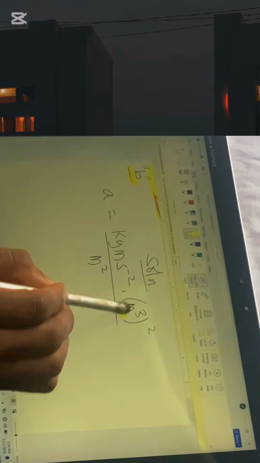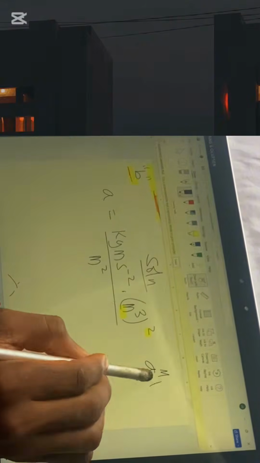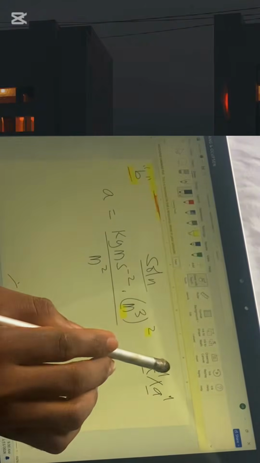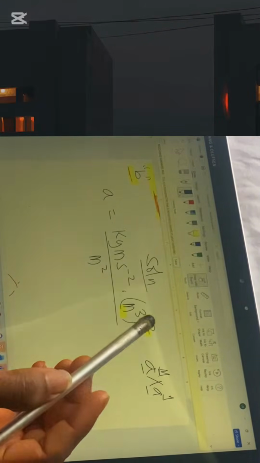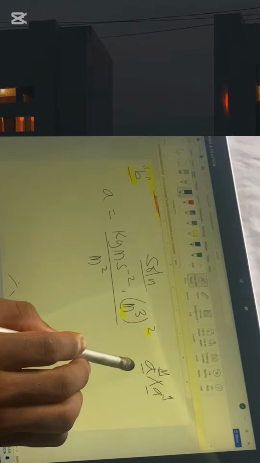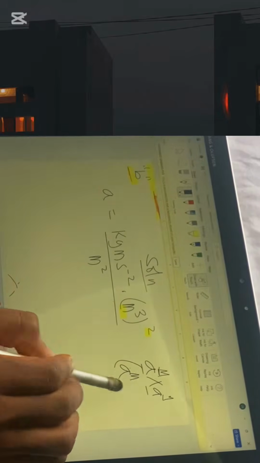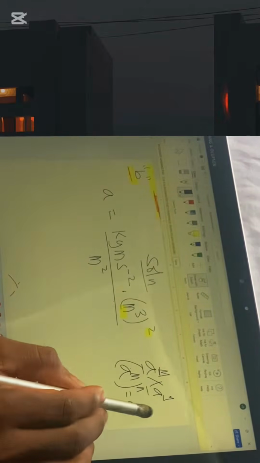So using the law of indices, we all know that if I have a raised to the power of n times a raised to the power of n, I will take one of the base and add up their powers. So that is the first law. Now the second law is that if I have a raised to the power of n, all raised to m, that is the power law, I will have a raised to n times m.